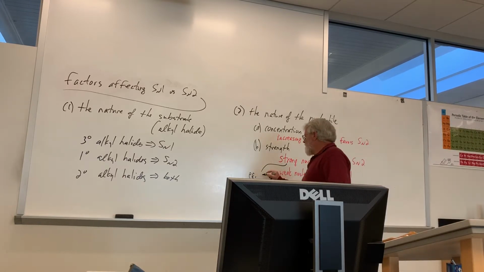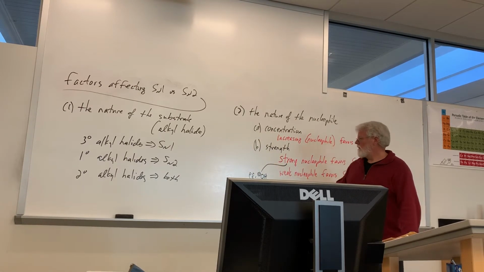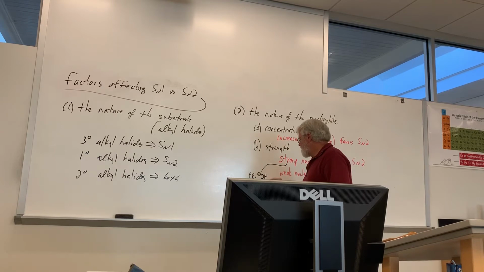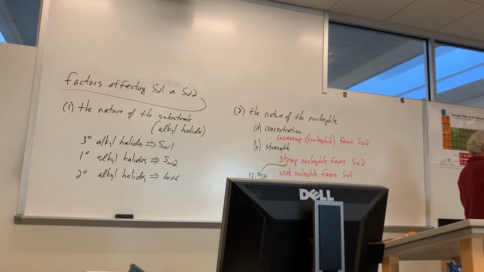So, for example, hydroxide is a strong nucleophile. Cyanide is famous for being a particularly strong nucleophile. And as we'll see over the course of the next 25 weeks, a particularly useful nucleophile.